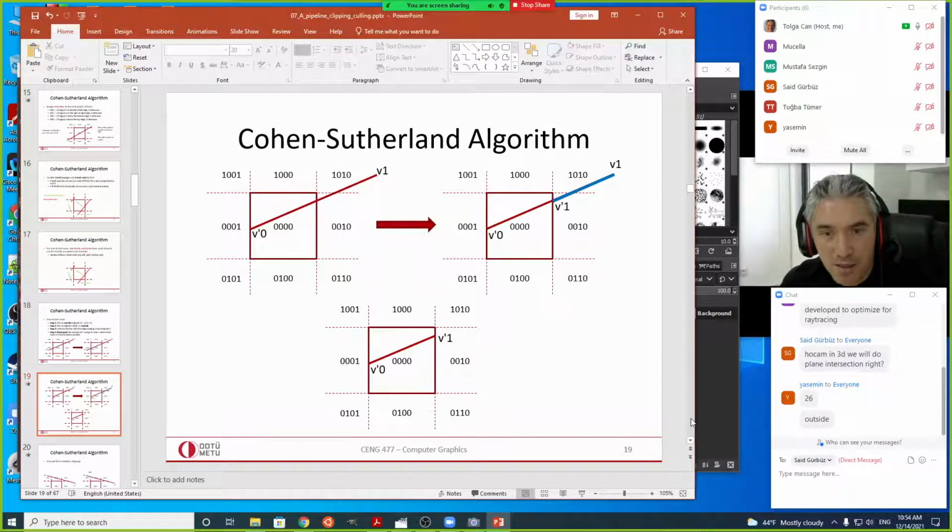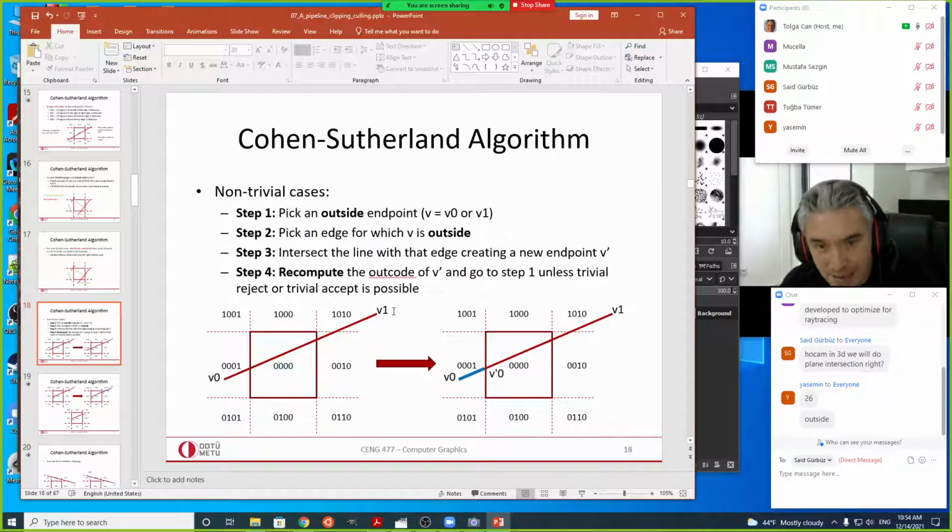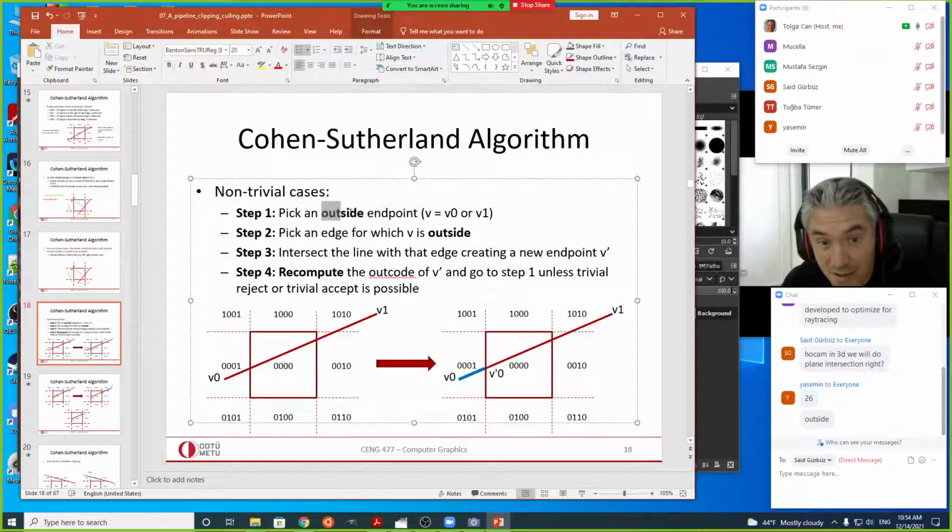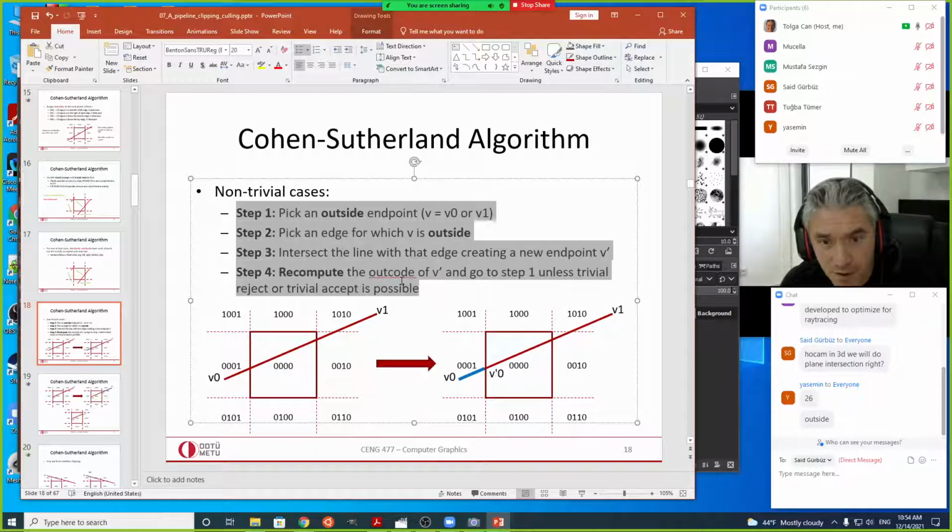All right. So this algorithm has some intelligence built into it. As you can see, we pick a particular point which is outside. We don't pick a point already inside. Also, the entire algorithm here, steps 1, 2, 3, 4, I probably got it wrong.